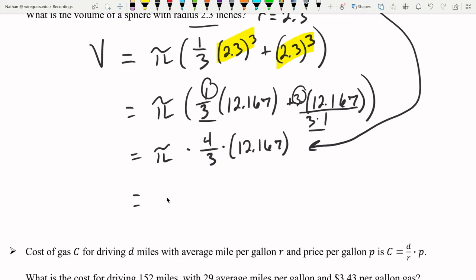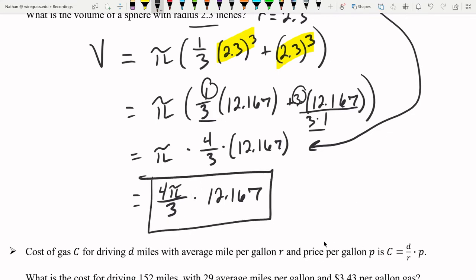So what I'm going to do is write it as 4 times pi over 3 times 12.167. I'm writing it this way because this is a common way of writing a pi term, or I should say a pi factor with a fraction in it. But also this statement here is exact.